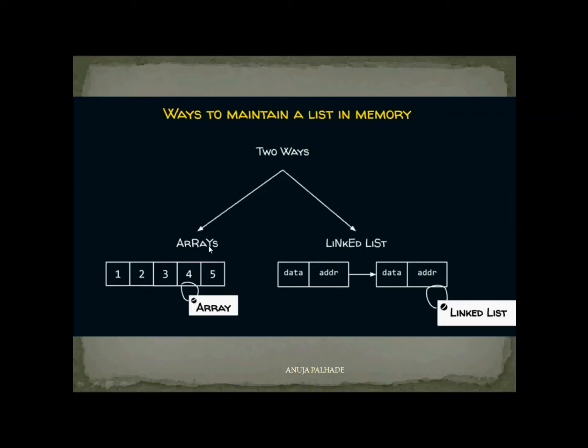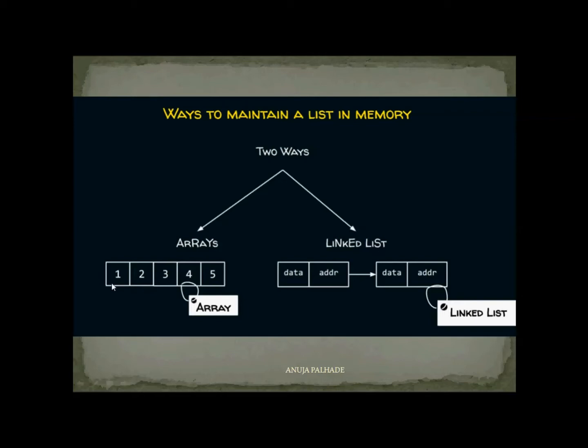Unlike arrays, in a linked list, each and every item cannot be arranged sequentially in memory addresses. Though it is a sequential data structure, the addresses of a linked list may be different from arrays.